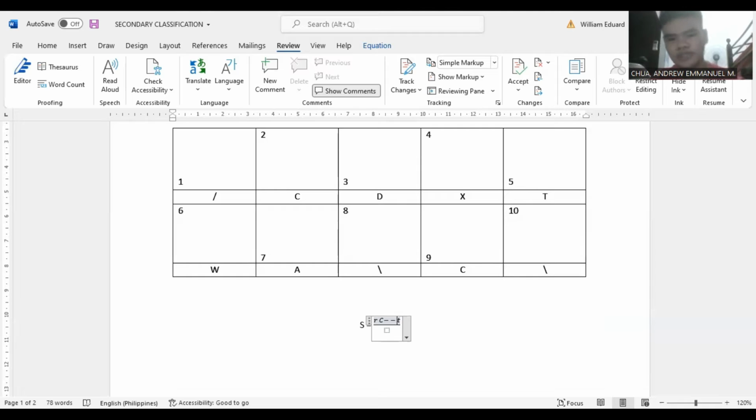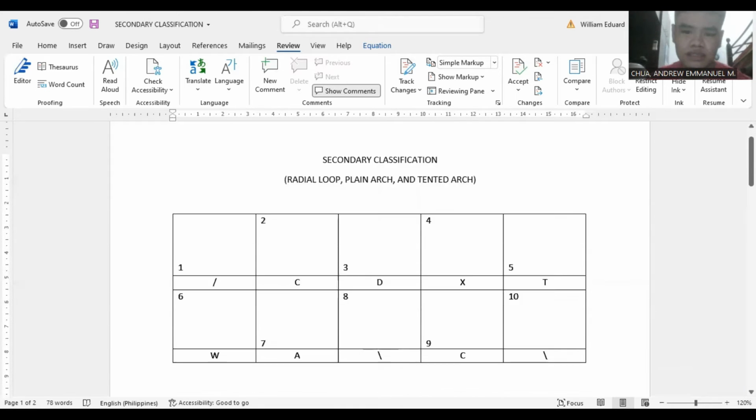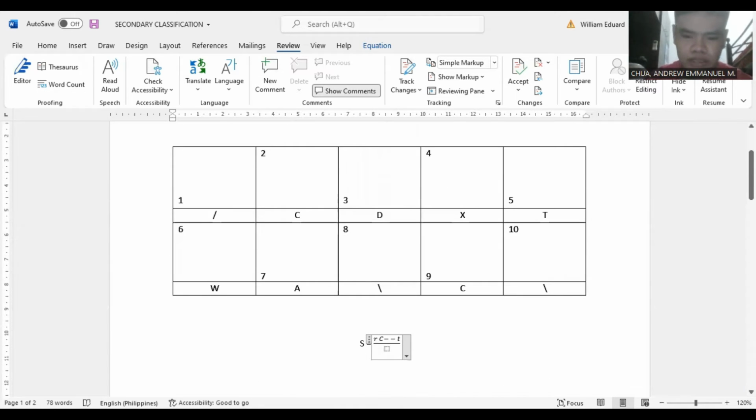Then we'll proceed to the left hand. We have a plain whorl. It is not part of the radial loop, plain arc, and tented arc. Therefore, we put a dash. We started from the left thumb.